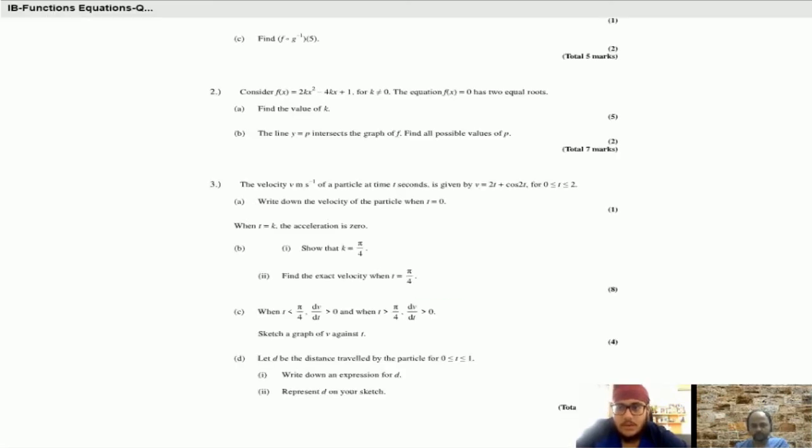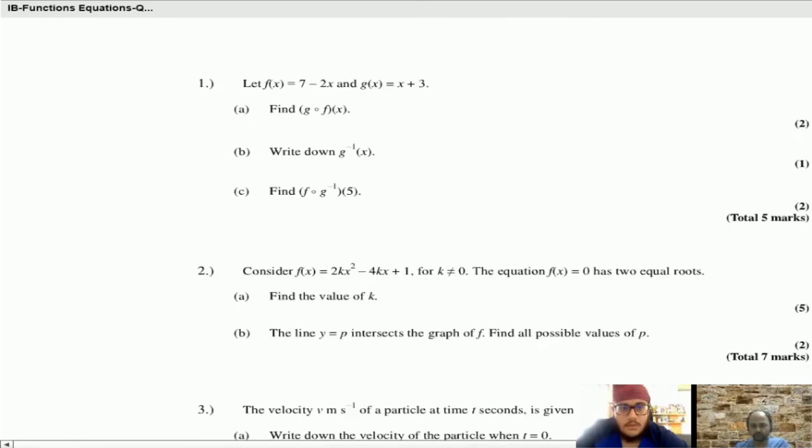So let's now move to the question paper. We will try to find out a few questions. Here it says f of x is this and g of x is this.